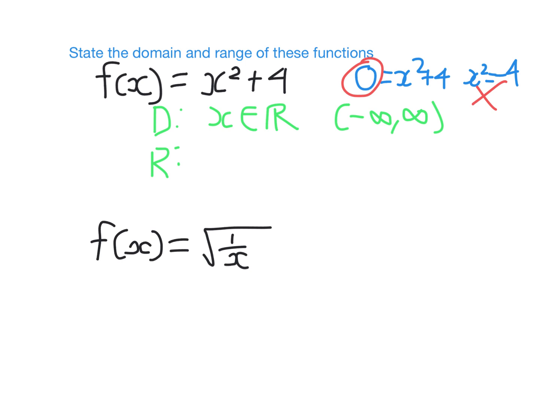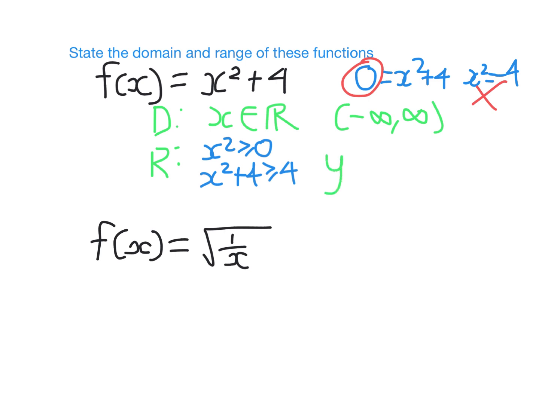So why is that? Well, remember that square numbers have to be non-negative, 0 or positive. So we need to have that x² ≥ 0. Adding 4 to both sides, we get x² + 4 ≥ 4. I've just shown that the outputs here must be greater than or equal to 4.